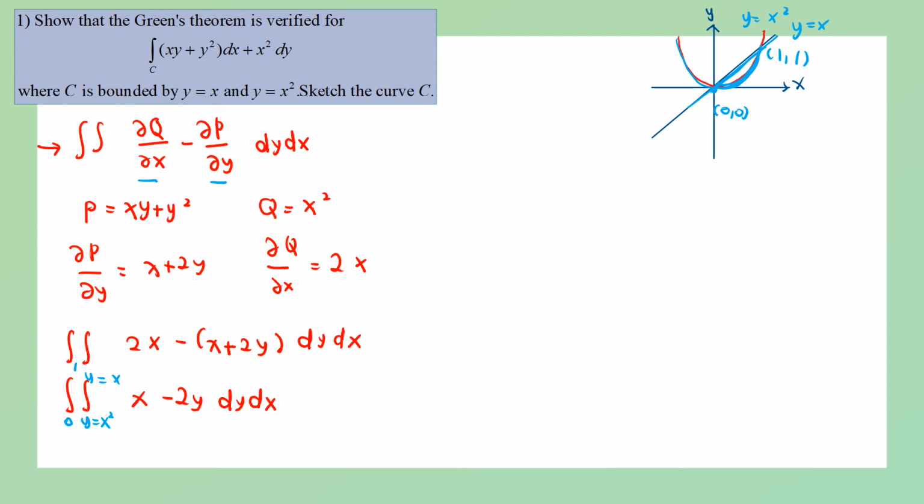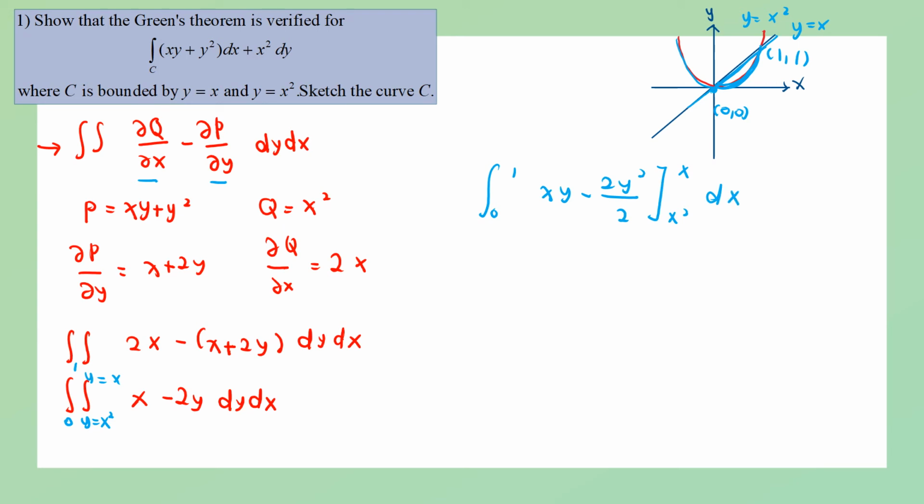So next step, you can integrate it. First you integrate with respect to dy, you will get xy minus 2y squared over 2, limit x squared to x, dx.